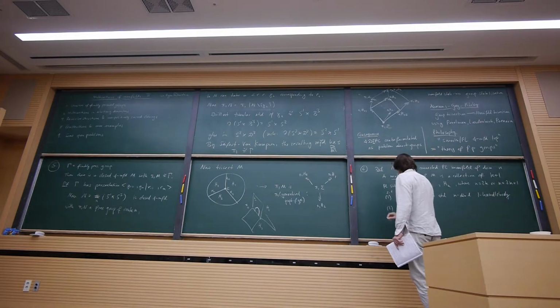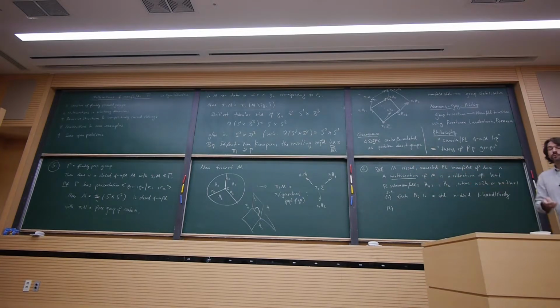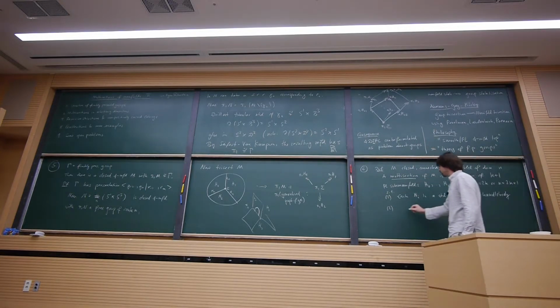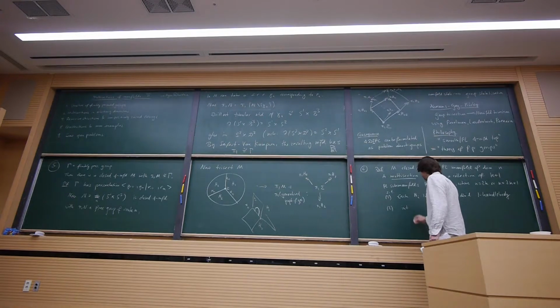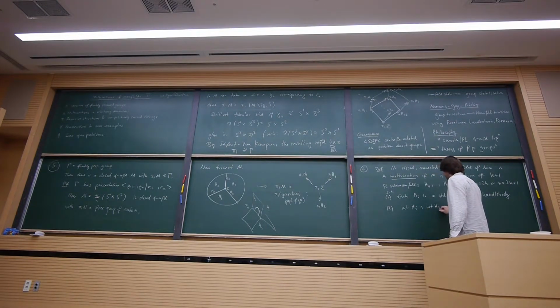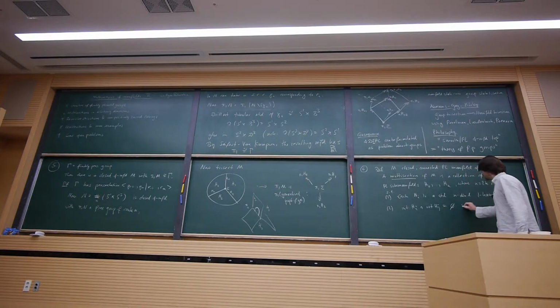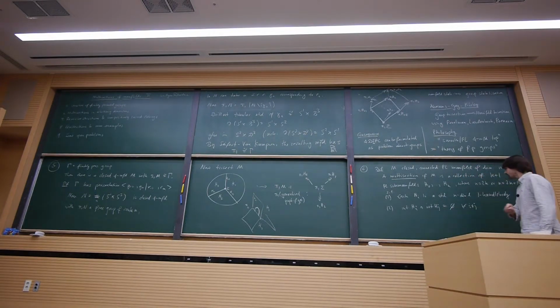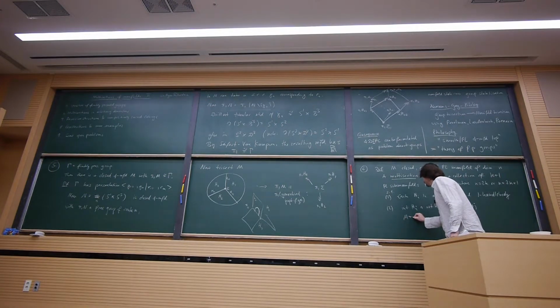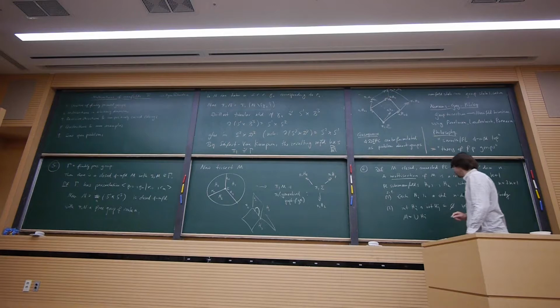And the second thing we want, just as in our picture, is for the interiors to be pairwise disjoint. And the union, of course, we want to be the manifold, the union of all of these Hi.